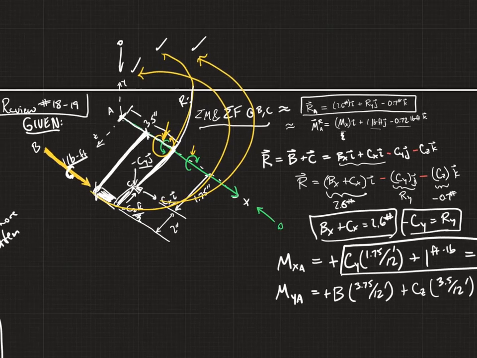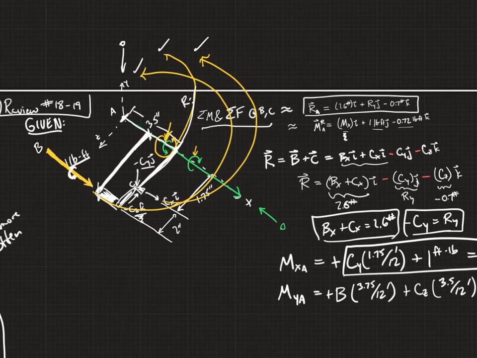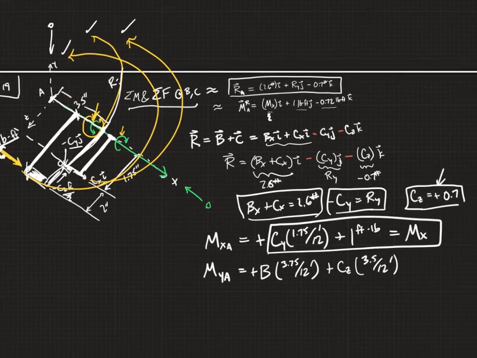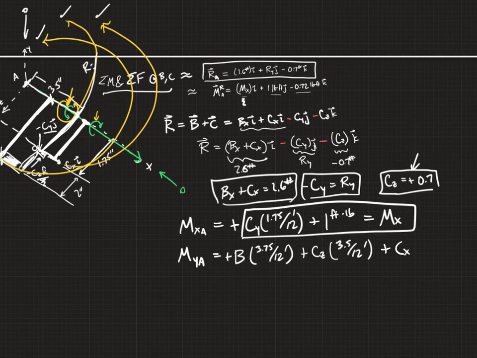And the last one is this CX. Notice CX is also perpendicular. So its moment arm is from the line of action of the force to the thing we're taking the moment around, and that is 1.75 inches. So plus CX times 1.75 over 12 feet.